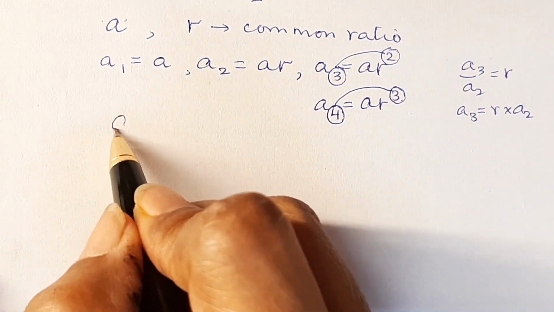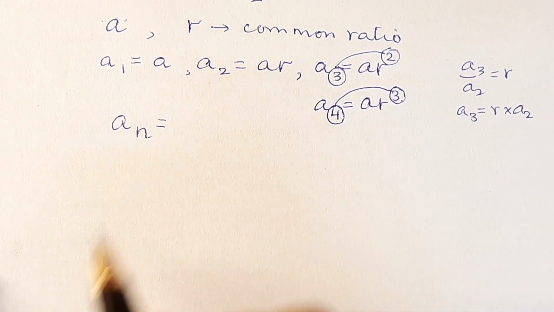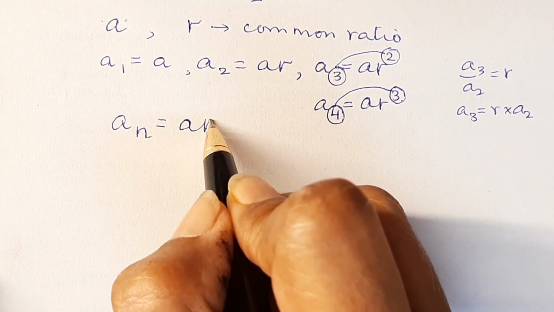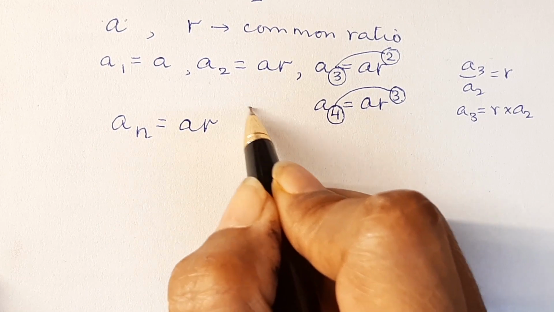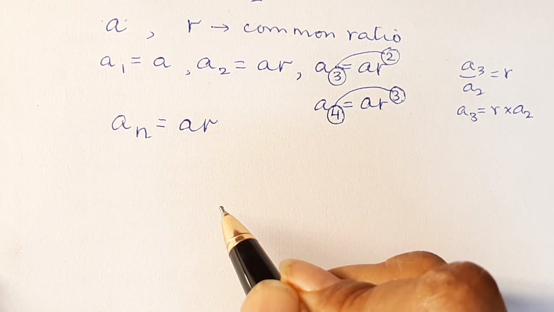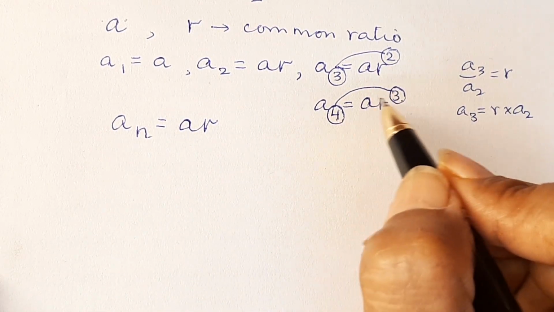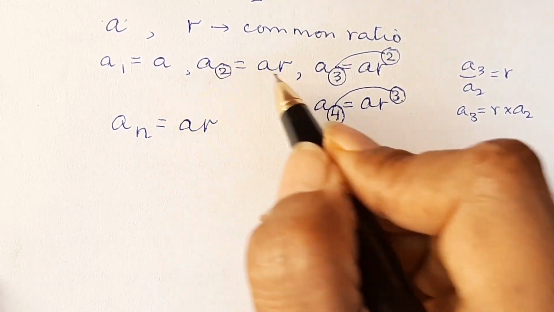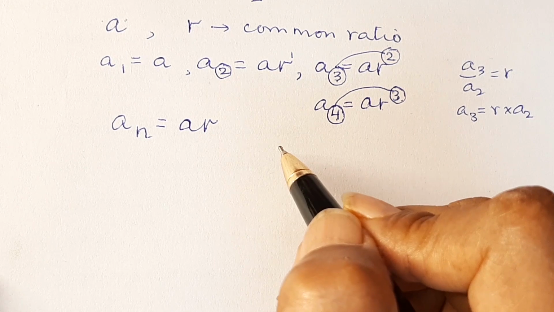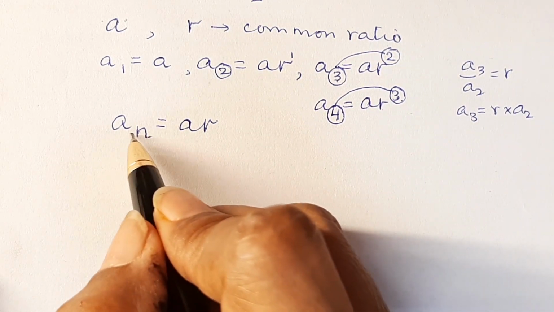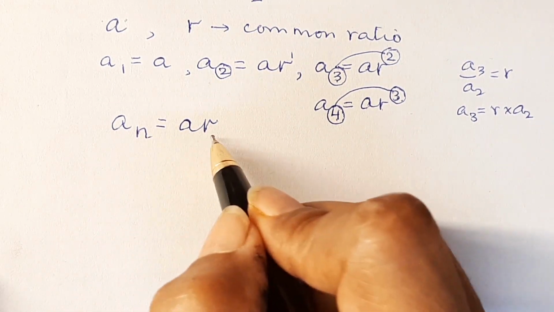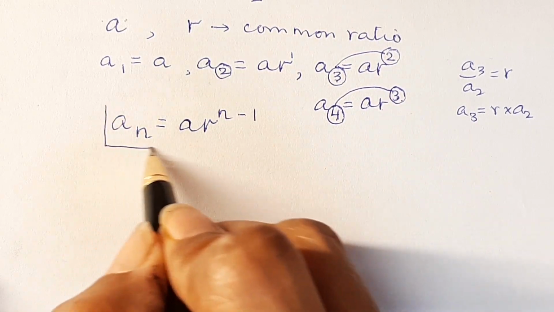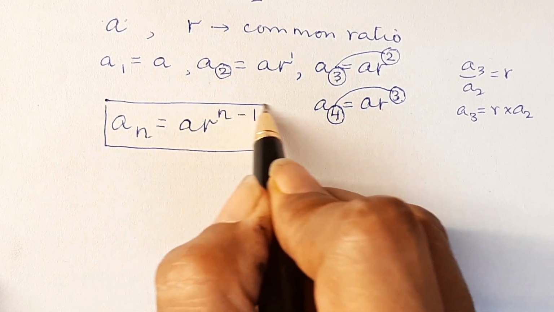So if I have AN, which is the nth term, won't I be able to say that it is AR, but now power of R will be 1 less than this, just like 4 minus 1 was 3, 3 minus 1 was 2, 2 minus 1 is 1. Can you see that? So here it becomes nth term as AR to the power n minus 1. And that is our first formula.